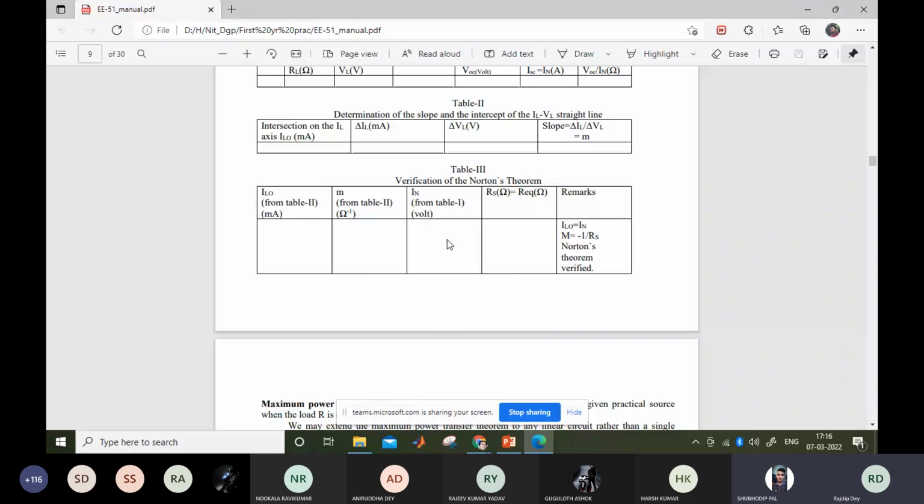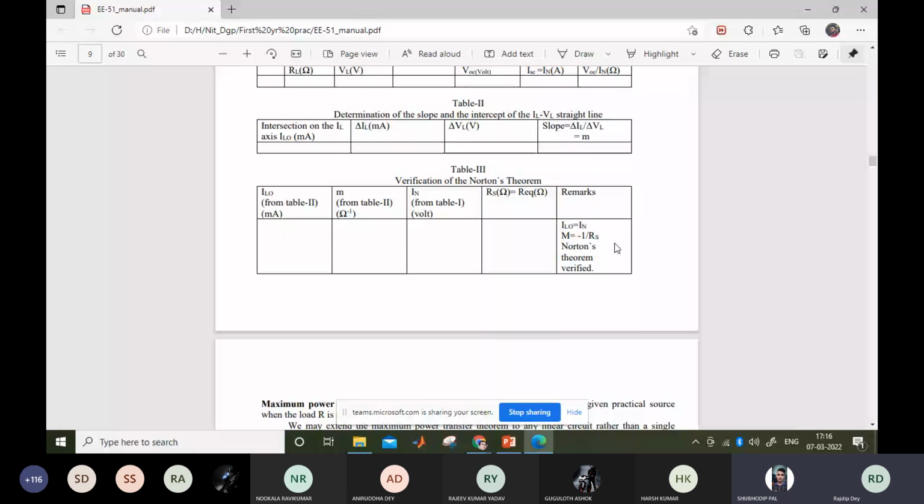It will not be exact matching, but it will come very close. Then RS has been written, but instead of that we'll put RN or Norton resistance, and from there we'll find out our slope, that is -1/RN, and we'll try to compare that with the M value in the second column. And another one, remarks.